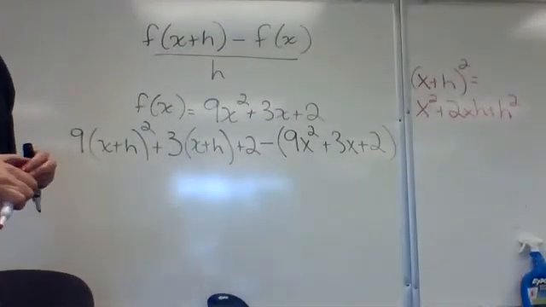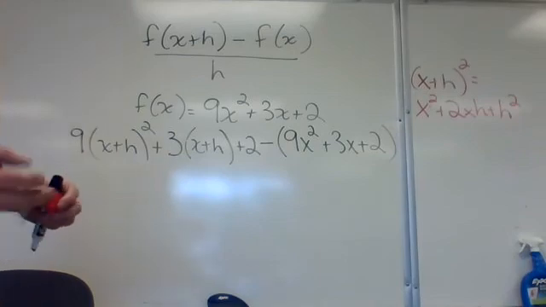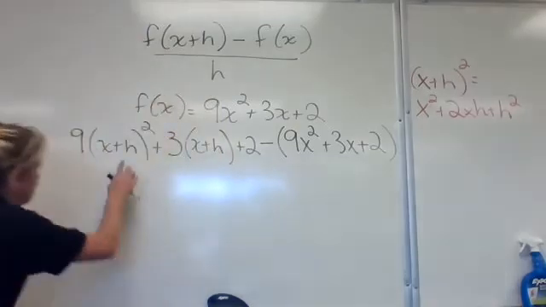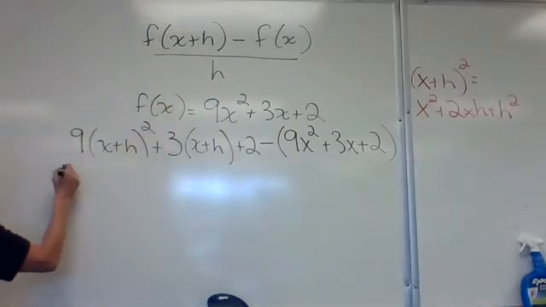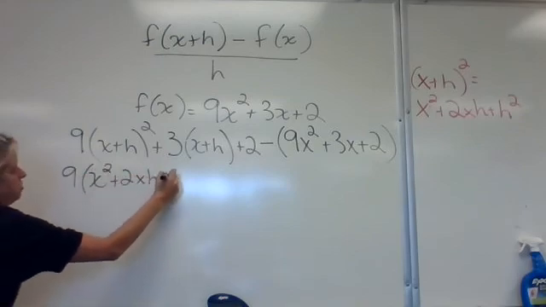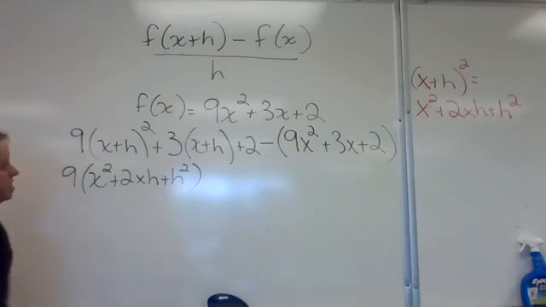X squared plus 2xh plus h squared. So that's what I have here. So I have 9 times x squared plus 2xh plus h squared.